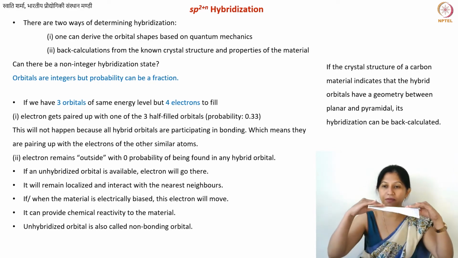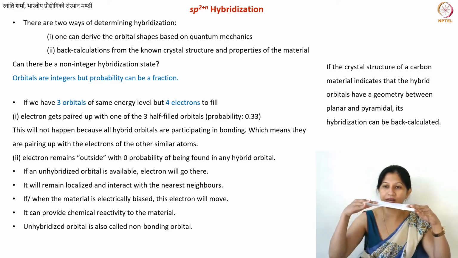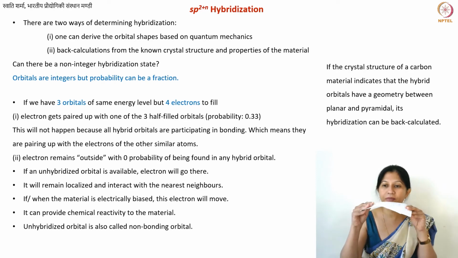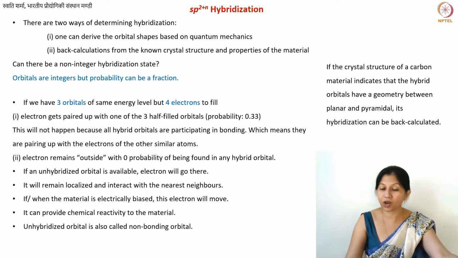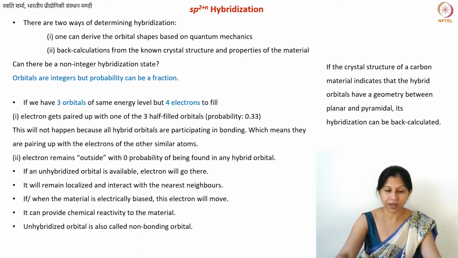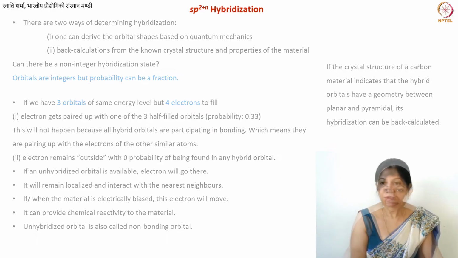In the case of graphite, it looks like this, so this is 180. If you have something in between, that is what we are discussing, and that is when you have the non-integer hybridization state, so sp2+n hybridization state. I hope it will become more clear from the next couple of slides.